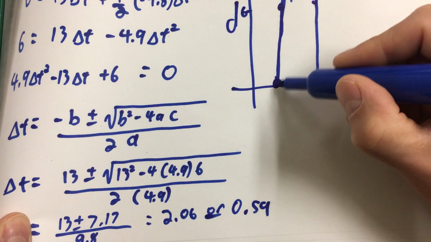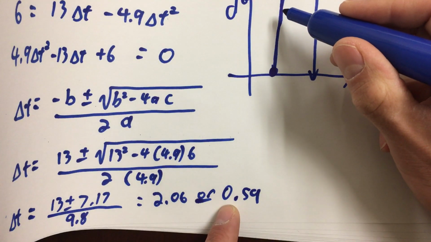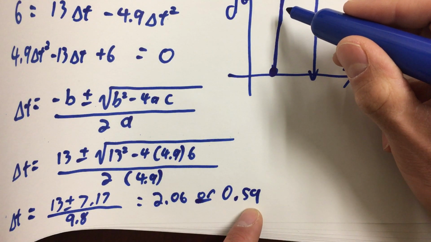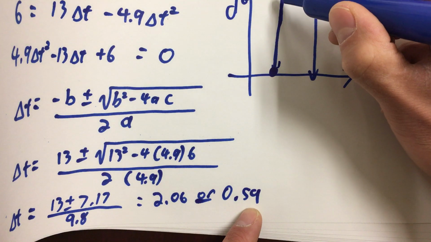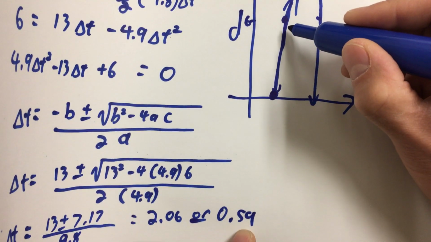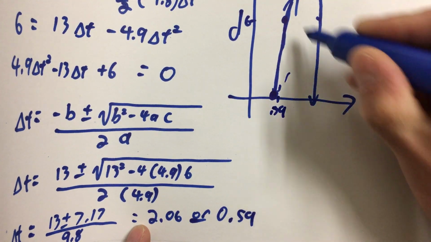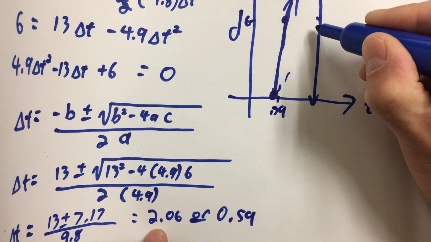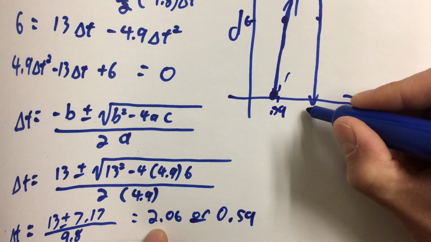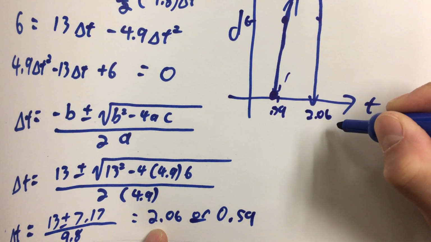So on its way up, after being in flight for 0.59 seconds, it was at a height of 6 meters. And then on its way back down, it was at a height of 6 meters again after 2.06 seconds.